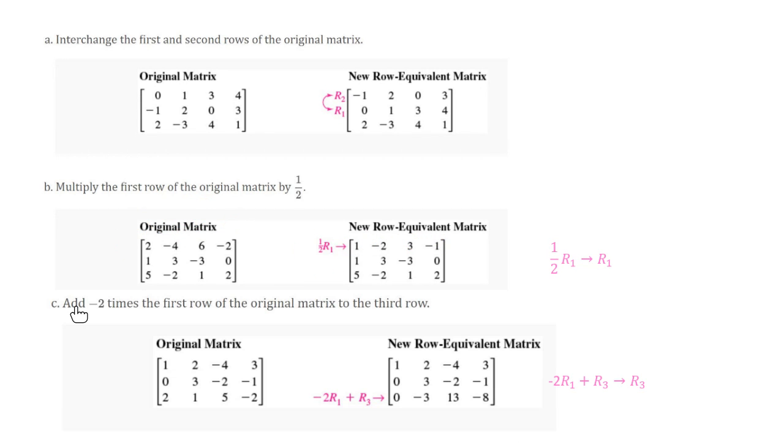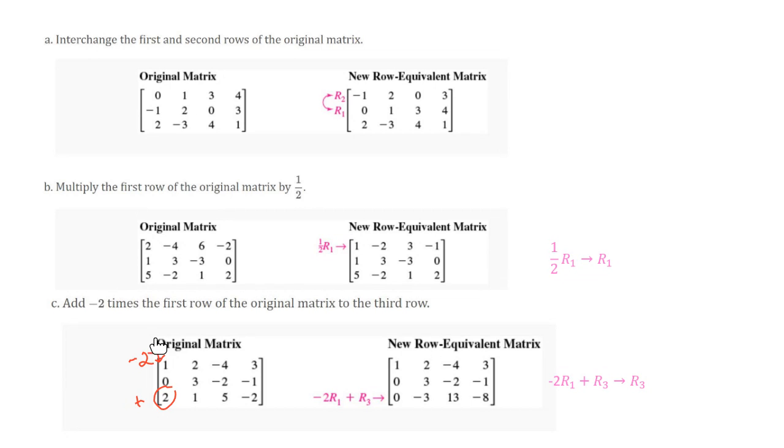And then the third one is to add -2 times the first row of the original matrix. So this is what's happening here. They are multiplying the first row by -2, and then they're going to add it to the third row. So what they're going to do is -2 times 1 plus this number. So -2 times 1 is -2, plus 2 will give me that 0.